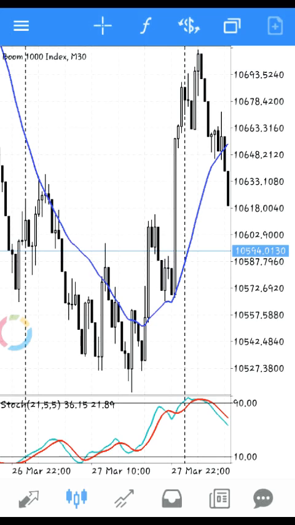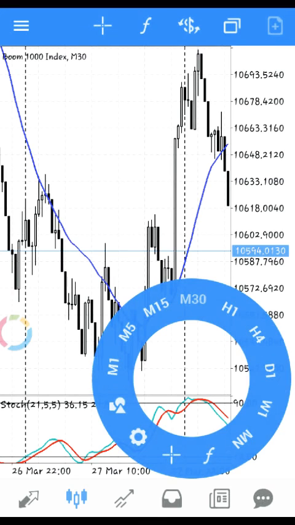It's an oscillator. Basically, it was created to mark oversold and overbought conditions, but it's not suitable for doing that as people think.